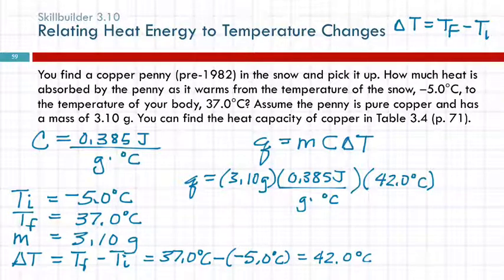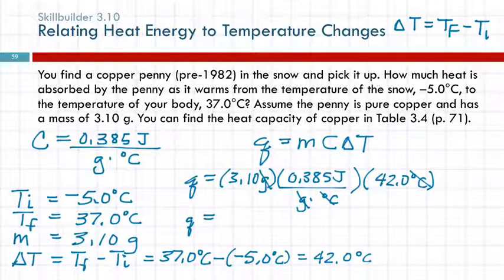Check the units. Here I have gram in the numerator, and I have gram in the denominator. Those cancel out. Here I have degrees Celsius in the numerator, and degrees Celsius in the denominator. Those cancel out. I'm left with the unit of joule, which is a unit of heat, so that's a good sign. 3.1 times 0.385 times 42 equals, how many sig figs should this answer have? 3.